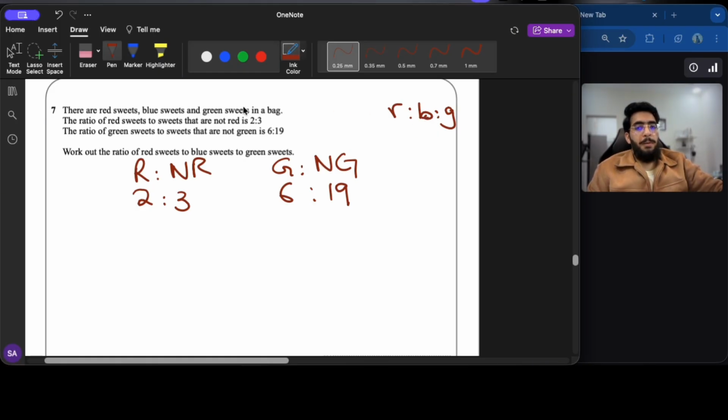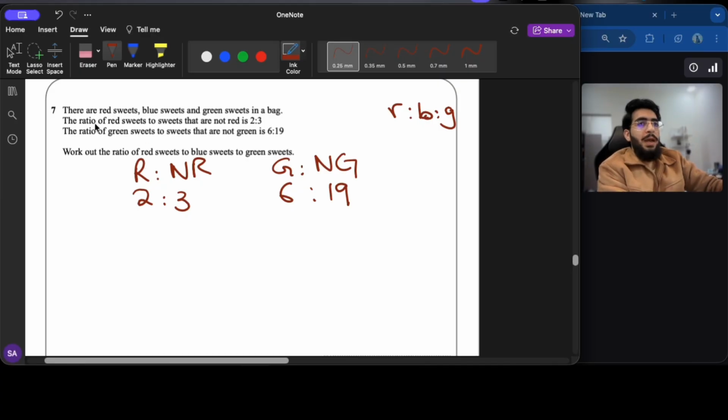Okay, did it help? In my opinion, it won't help that much. So, in this type of question where there are a little vague statements given, for example, red to sweets that are not red, green to sweets that are not green, we introduce a new variable that is total.